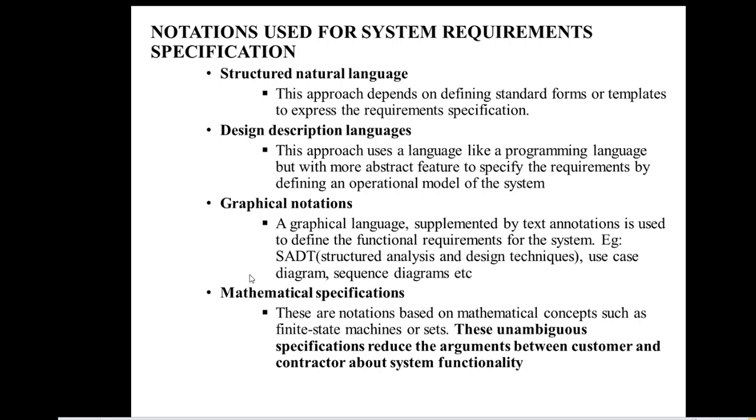Last one is your mathematical specification. Here we have a lot of mathematical notations to define the system requirements. For example, finite state machines or sets use a lot of mathematical specification.